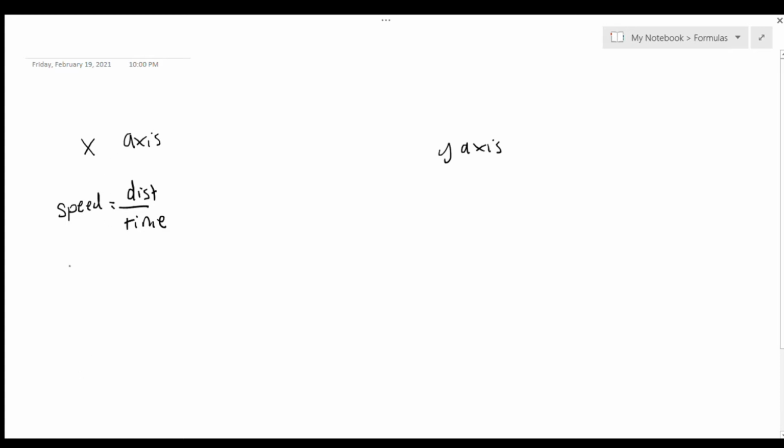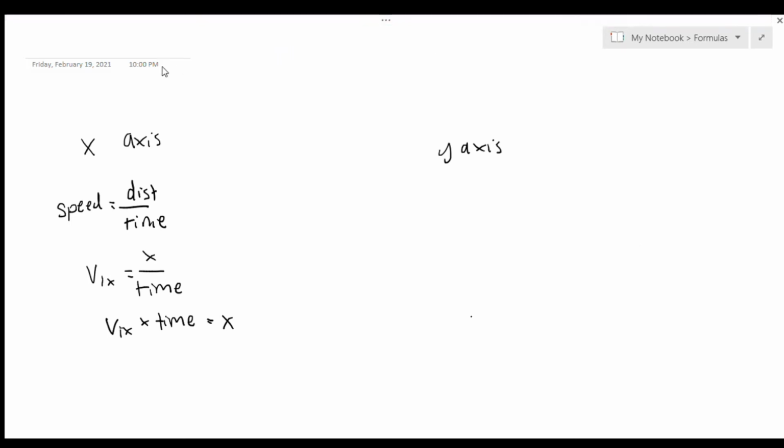Other than that, we also have Vix, which is the initial velocity on the x component, equals x over time. And this can be used to find the total distance, which is using the velocity on the x-axis multiplied by the time given, and it will give us the total distance, which is x.